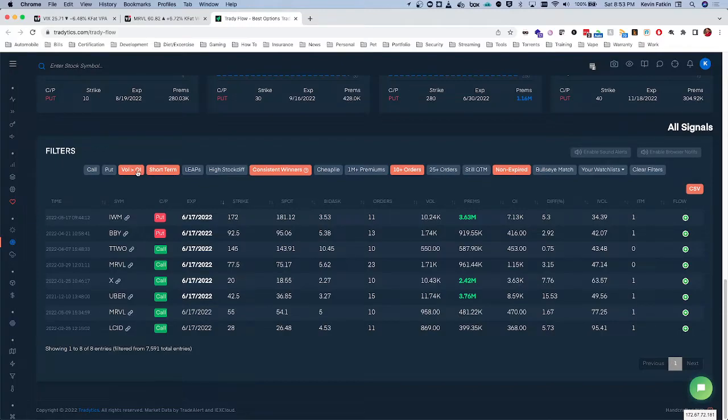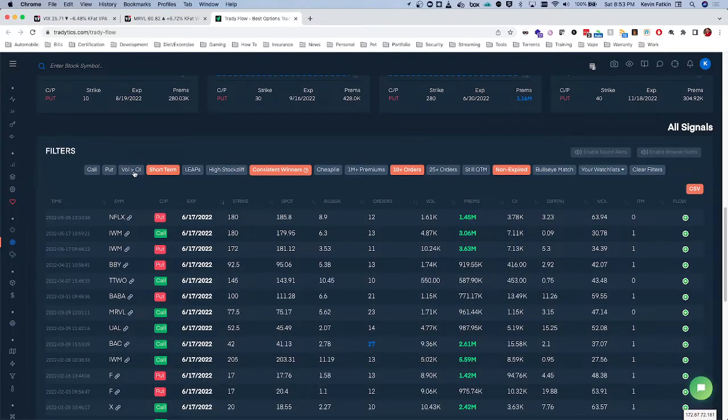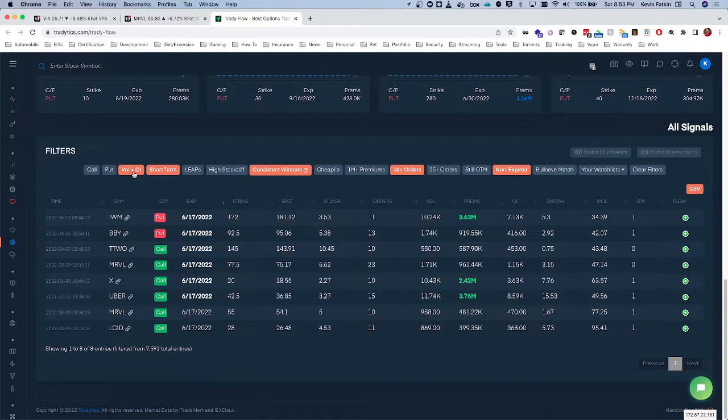Then one other thing I have chosen here is volume greater than open interest. Now you don't have to choose this. I just prefer to choose it because, if you don't already know, open interest is basically how many contracts are out there on the market that have been bought or sold to open and are still open by close of market, and those numbers get updated every day at close of market.